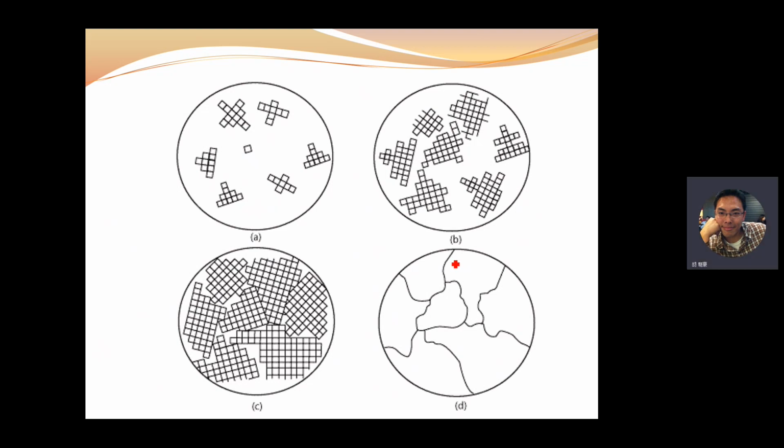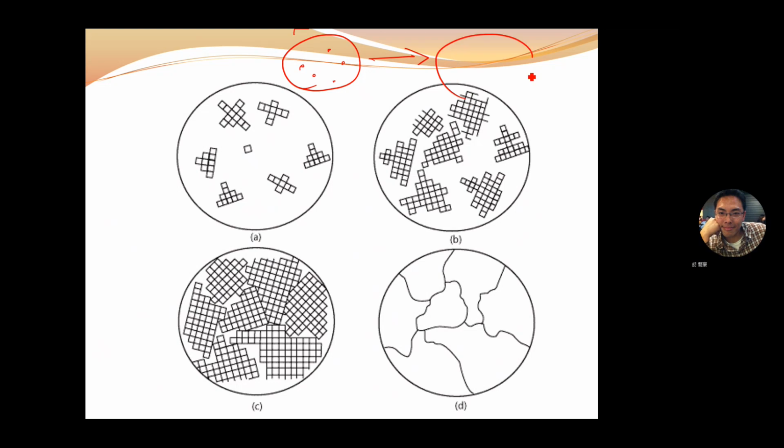For the slow cooling rate, let's draw another picture here. The seeds are only a few of them. Therefore, the crystal will grow from these seeds, and keep growing by diffusion. Finally, there are only a few grain boundaries like this.